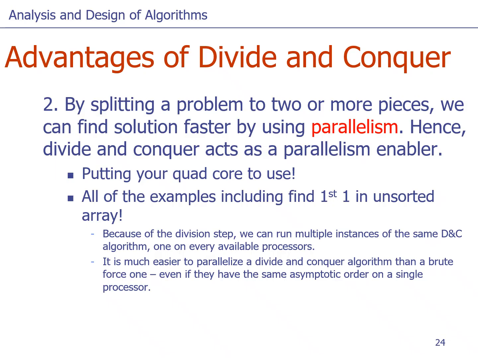So the thing is, with divide and conquer, because of the way we think when we design a solution by dividing the problem into smaller problems, what we could do, after dividing the problem, is send each one of those subproblems to be solved separately, or conquered separately, on different processors.